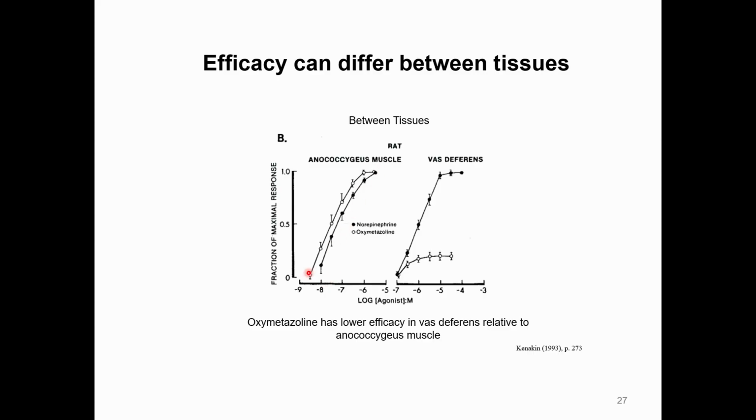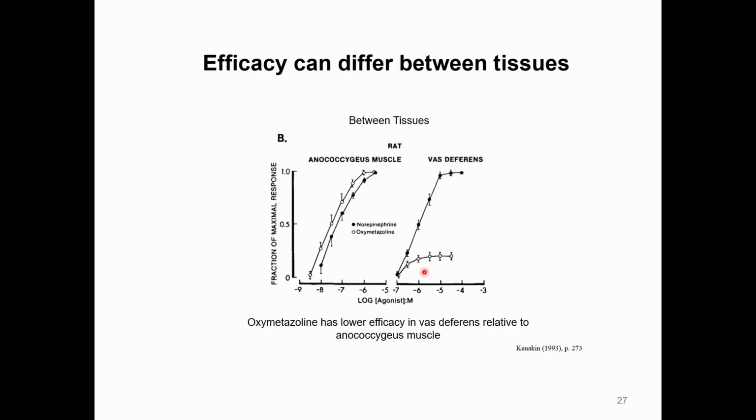This one is done in rat, so in different muscles and in the vas deferens, but anyway, two different tissues. And you can see that here's a dose response curve. In muscle, both of these drugs have a very similar dose response profile. But if you look in this tissue, one of them has very good efficacy and the other does not.